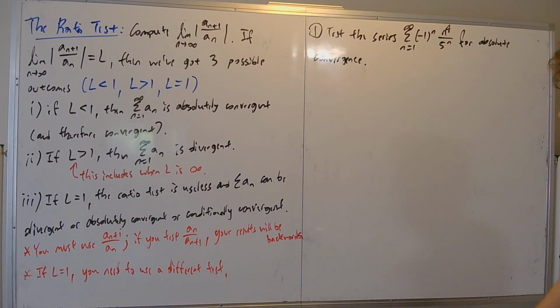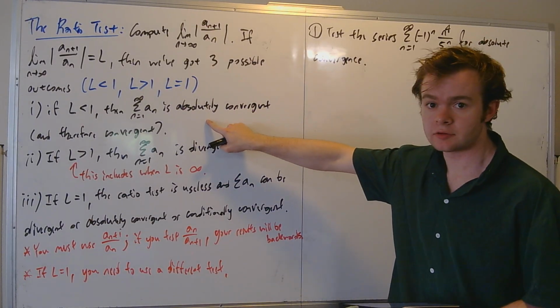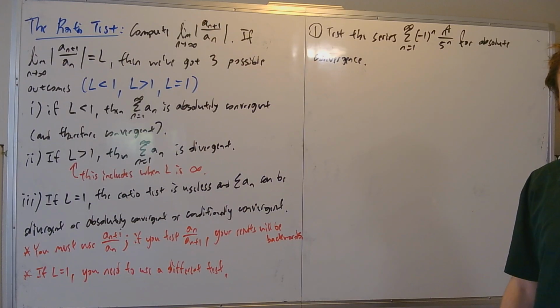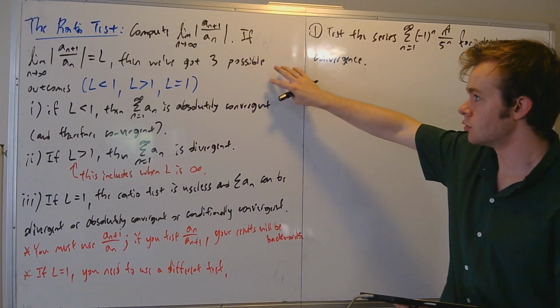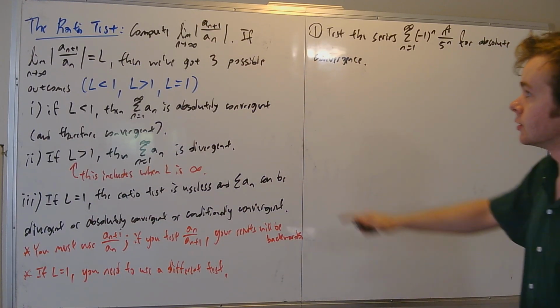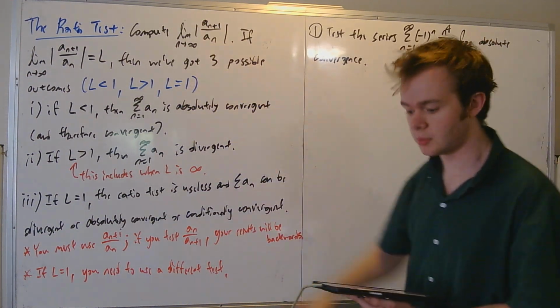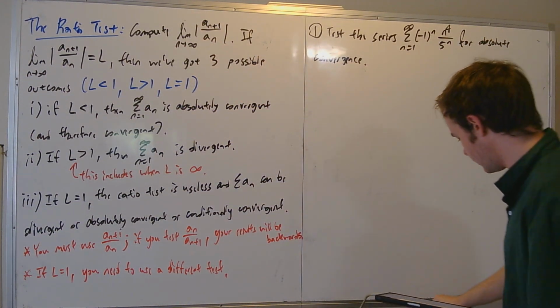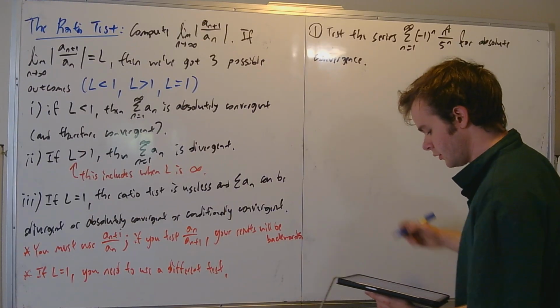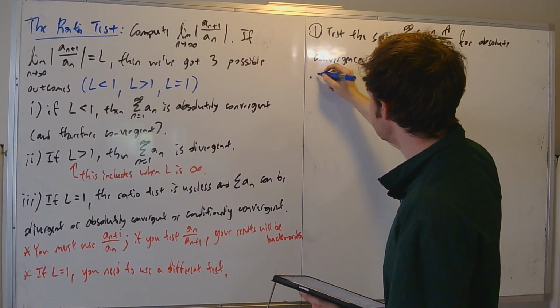Right. So if we actually get into case 1 here, then we'll be able to prove that it's absolutely convergent. So we're going to want to try to use this ratio test, meaning we're going to have to compute this limit.